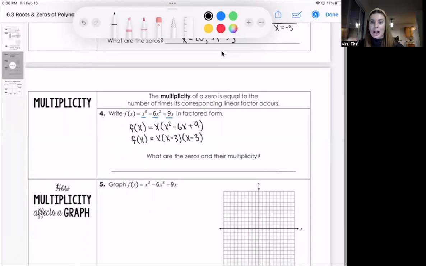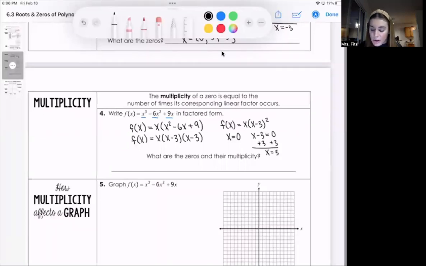Notice the factor x minus 3 is repeated twice. And you could even write this as f of x equals x times x minus 3 squared. So here we're going to go ahead and set x equal to 0 and x minus 3 equal to 0. Add 3 to both sides. x equals 3.